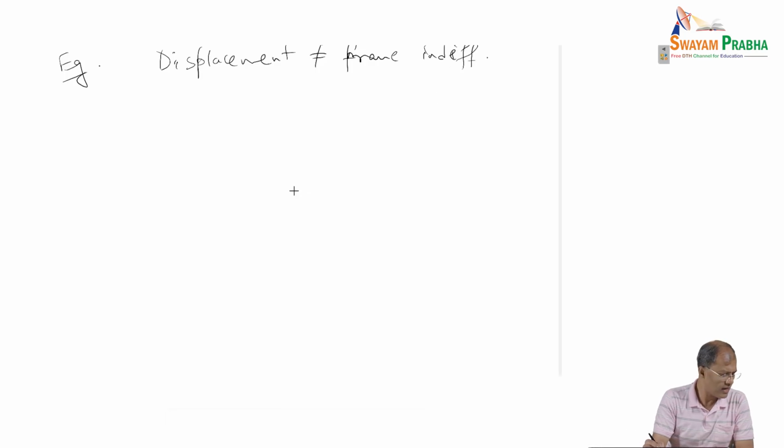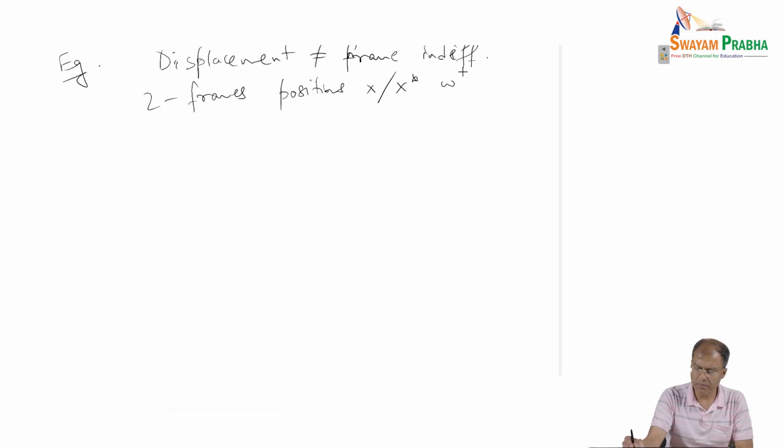Suppose we have two frames, and the positions are x and x star, where x is chi of x comma t and x star is chi star at x comma t.